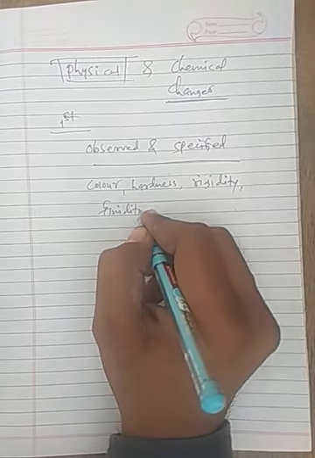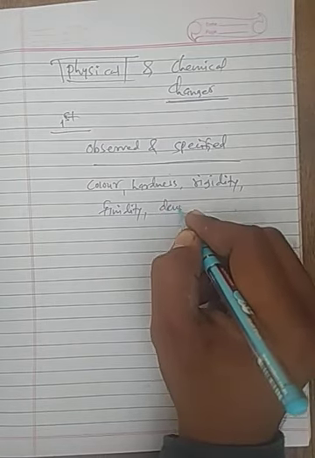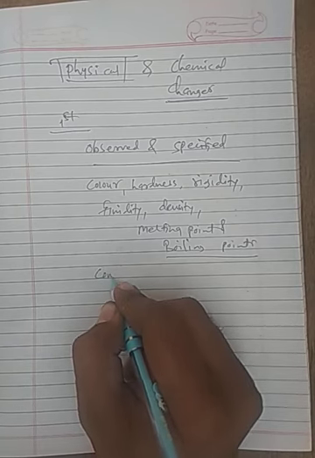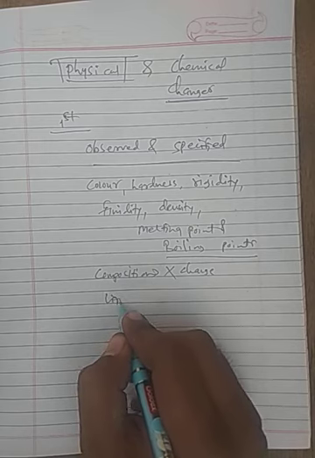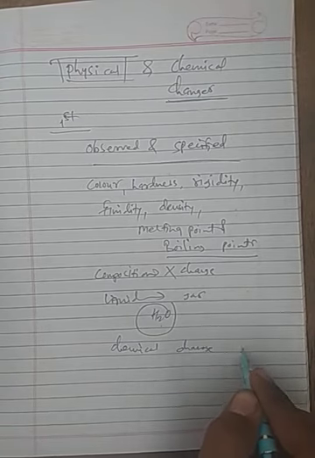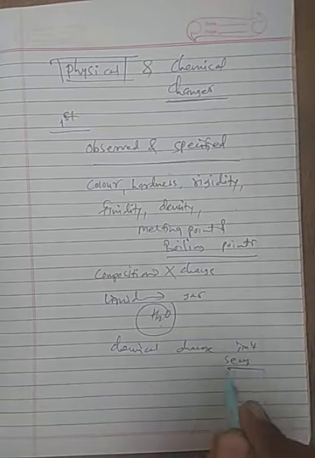These terms you are now aware of. Fluidity, also density, melting point and boiling point. So these were all physical changes, because in these processes the composition doesn't change. If water is converted from liquid to gas, it will remain H2O only. So chemical change is not seen in these physical changes.